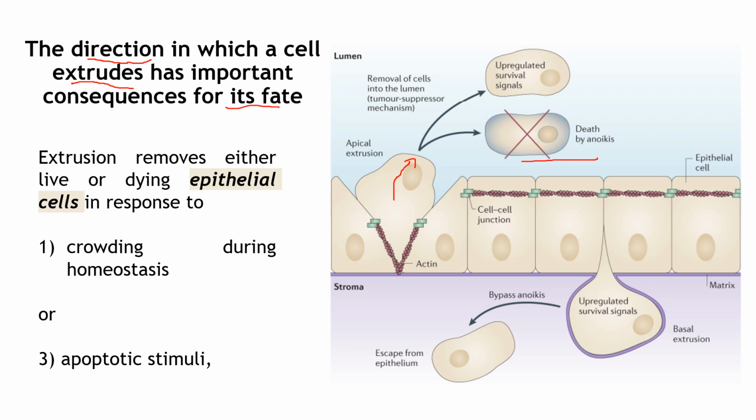In this paper, they focus more on what happens if the cells go in the opposite direction: they can bypass this type of cell death, and that way they can lead to the progression and invasion of cells and produce cancer.